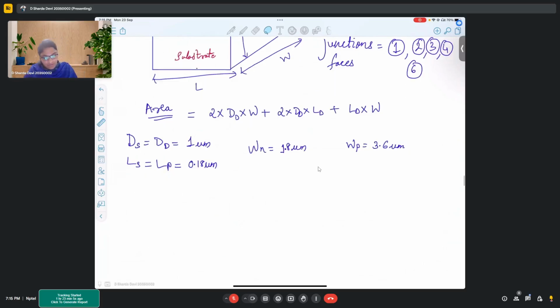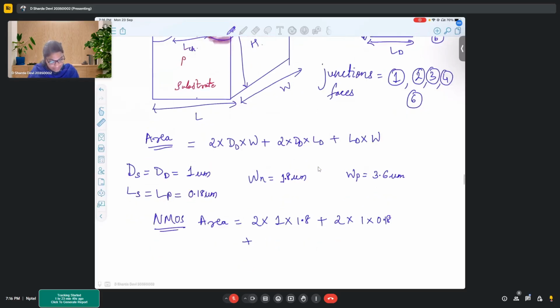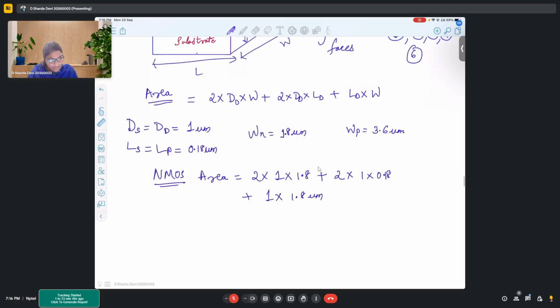Now if I have to find the area for NMOS, it would be twice of 1 into 1.8, twice of 1 into 0.18 plus LD, that is 1 into W. So this is 1.8 micrometers.